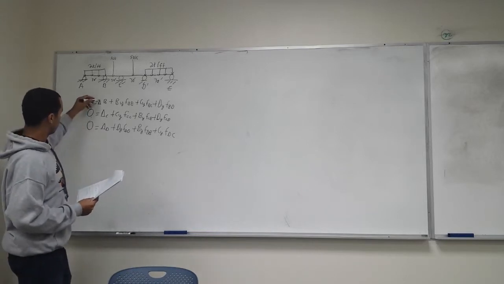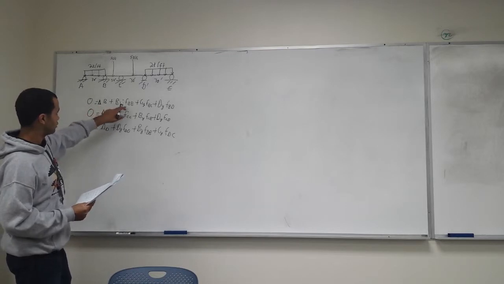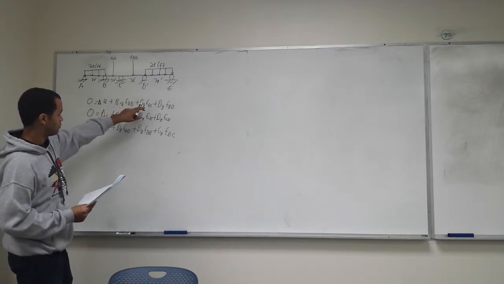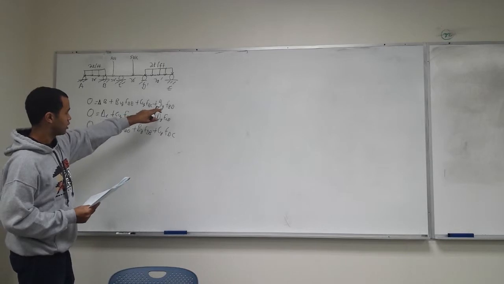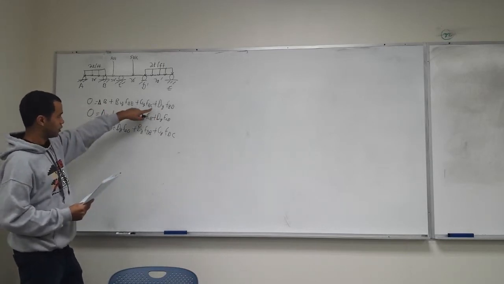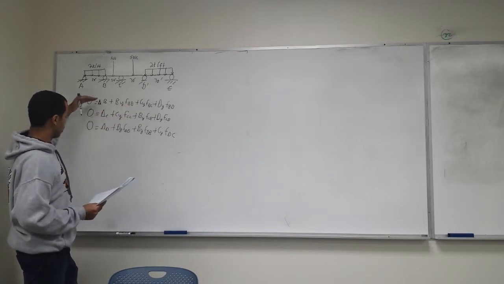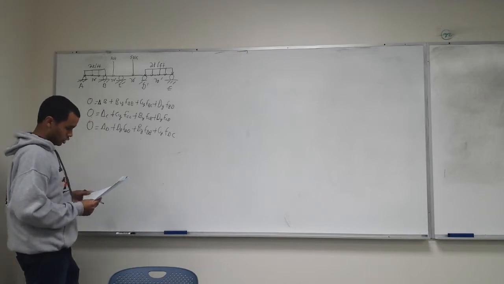So we have delta B plus BY times FBB plus CY times FBC plus DY times FBD. And that same algorithm repeats itself for all the other reactions, for reaction C and for reaction D.